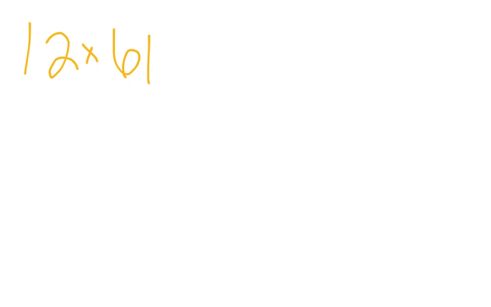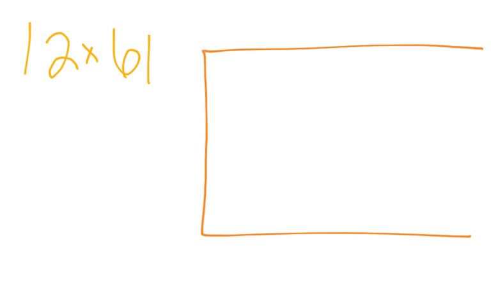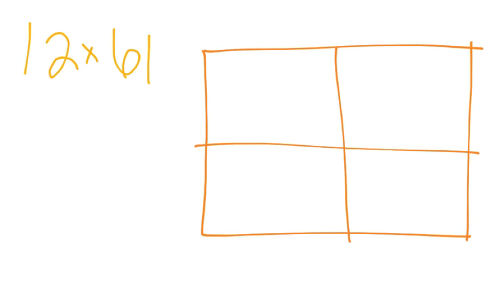Alright, so let's go ahead and try it with one more. Let's try it with 12 times 61. So I'm getting my table set up right now. I'm going to put my 61 at the top, so I'm going to put my 60 and my 1. And then I'm going to put my 10 from my 12 and my 2 down below.